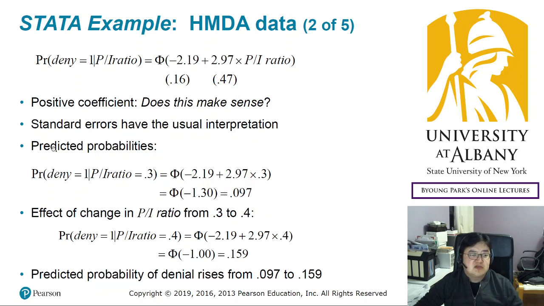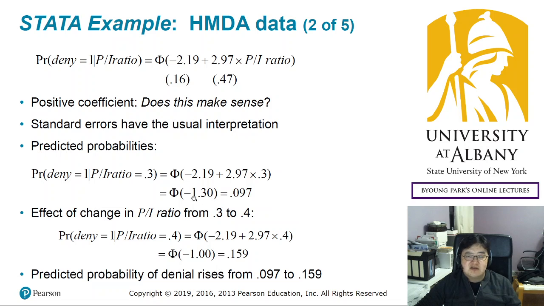And you may predict the probability in the same way. If your PI ratio is 0.3, then plug in 0.3 for X and calculate the z value using the estimated coefficients. Then you get a z value of minus 1.3. Minus 1.3 has no real world meaning. It has no interpretation. It is just some number on the standard normal distribution.